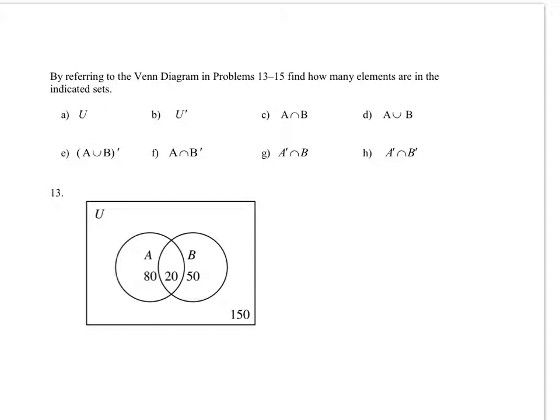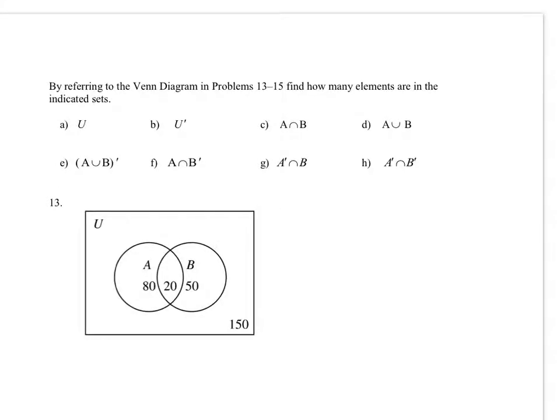One is circle A, one is circle B, and then you see an area where they overlap. We are given values inside each of those regions, and we are given this value at the bottom of 150. That means there are also 150 elements inside the rectangle that are not inside those circles.